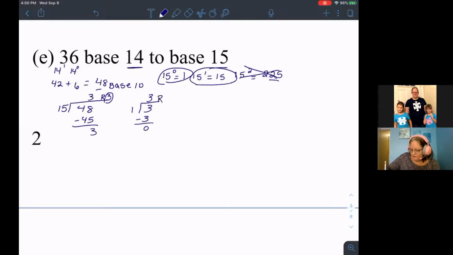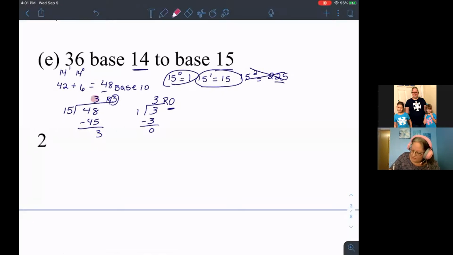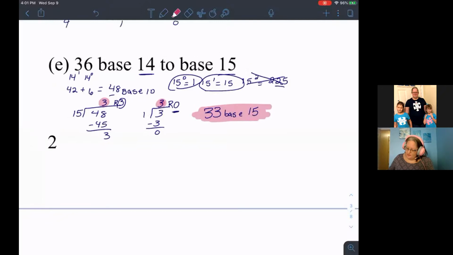So we have a remainder of 0, which is what we want to see. So our answer is 33 base 15. Hoping this makes a little sense.